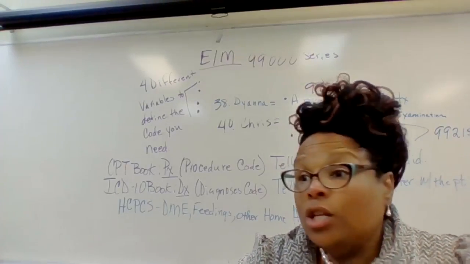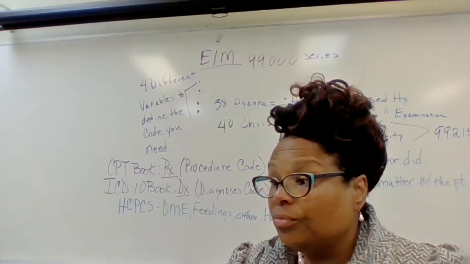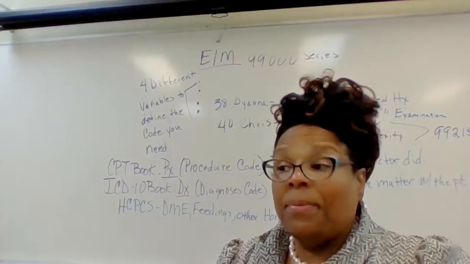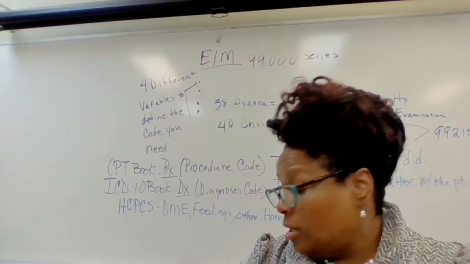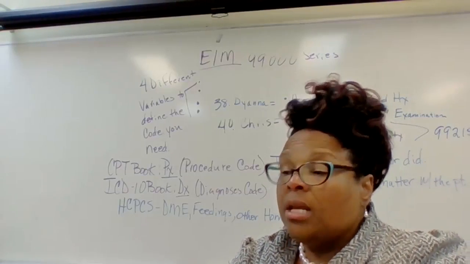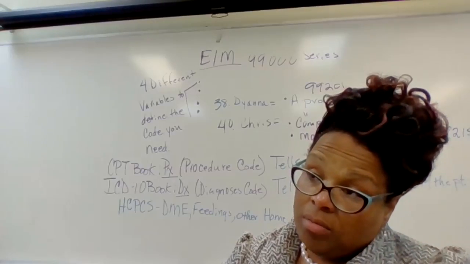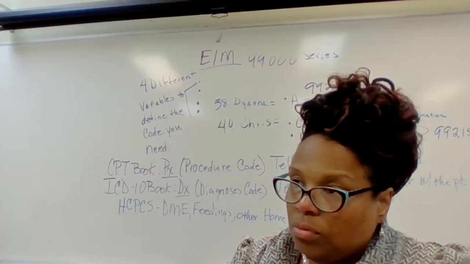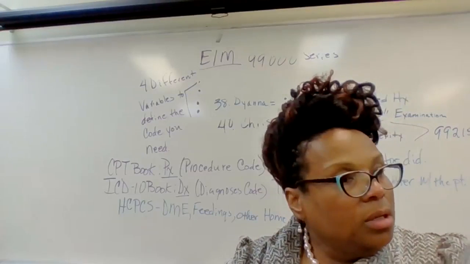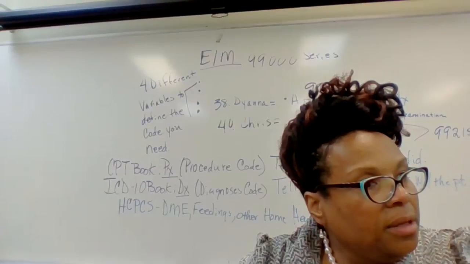Do you see that? So this is an office visit, but it's an established office visit. Okay. And so now that you found your range, Chris, you go to the evaluation and management section, and then you have to compare your variables. Does it make sense? Does it make sense, Diana?